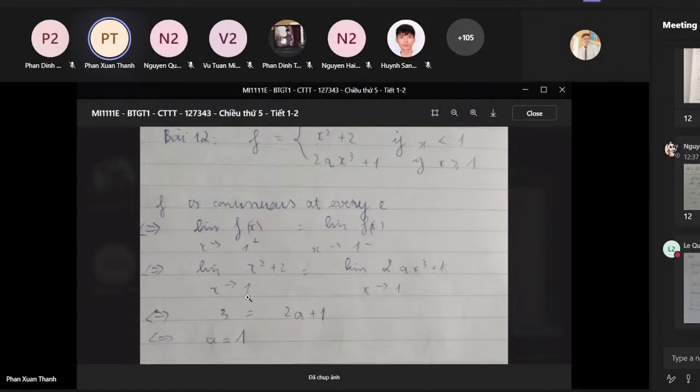Okay, you can see most students focus the point x equal 1 only. So you should say about the continuity of f when x is not number 1. Okay, you should say, for example, f is continuous for every x different from number 1. And then the second step, we consider the continuity at x equal number 1.